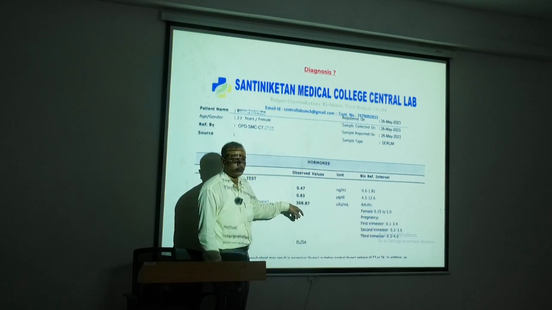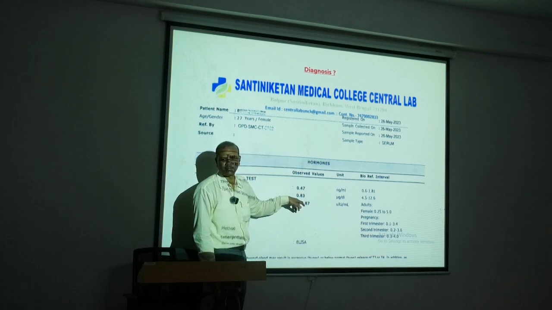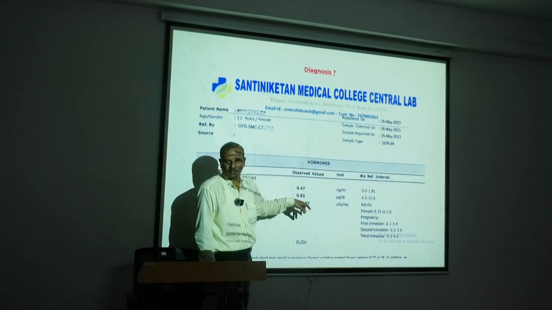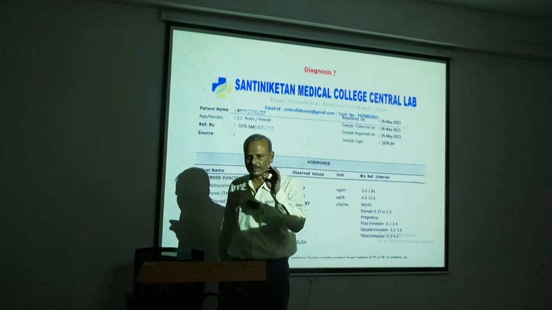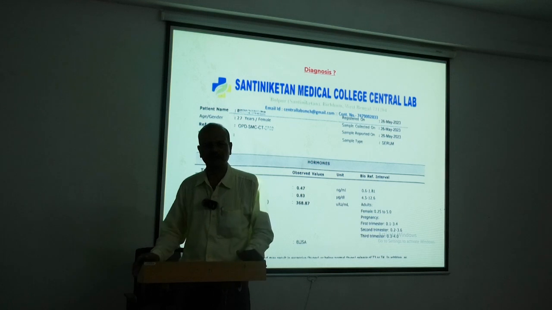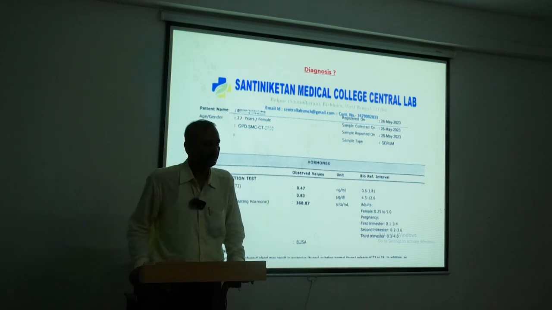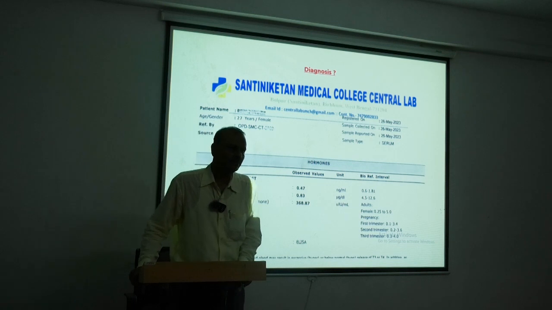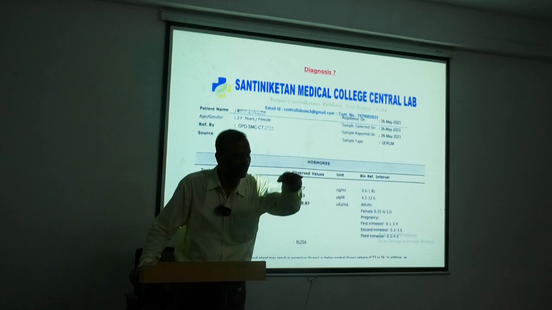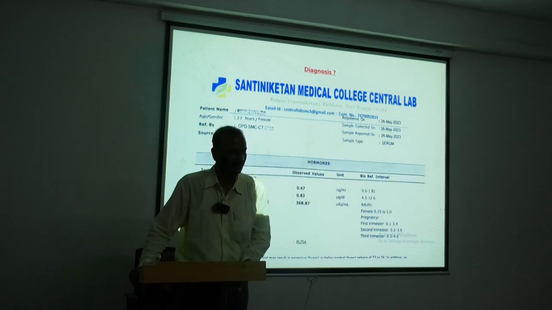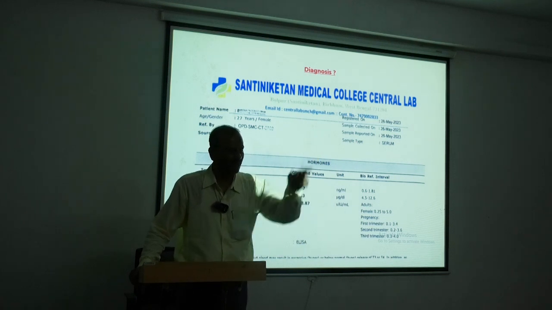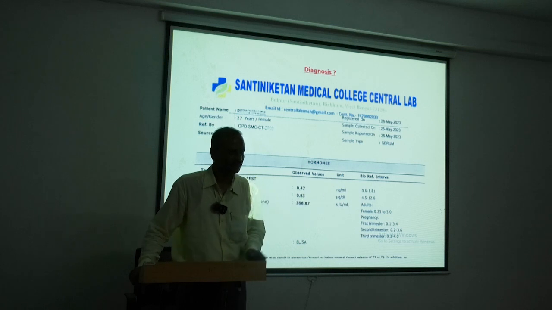Is this point clear? Because of the remarkably low T3, T4, the pituitary gland has been stimulated very much, and it responded by producing excess amount of TSH. That means excess amount of TRH was also there. The hypothalamus also was stimulated because it released TRH. The TRH test is not being done.